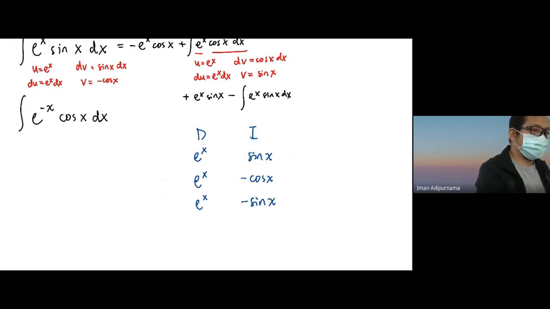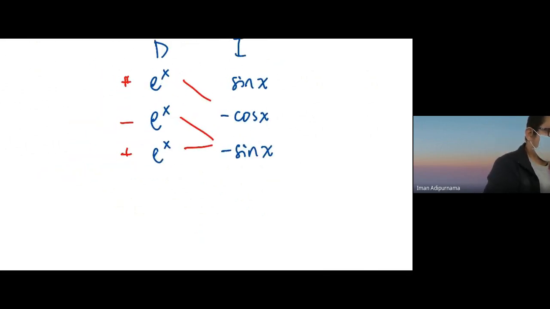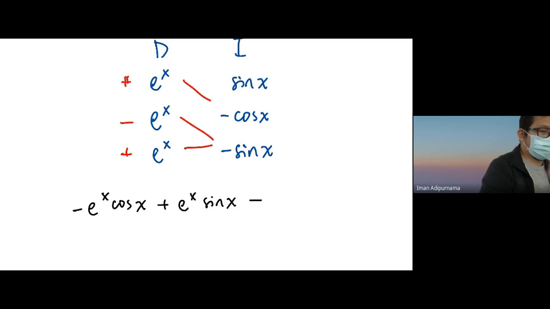And stop here, and we can calculate. I'm stopping at e^x sin x, which is the same as the original one. So the DI method will result in negative e^x cos x, plus e^x sin x, minus the integral of e^x sin x dx.